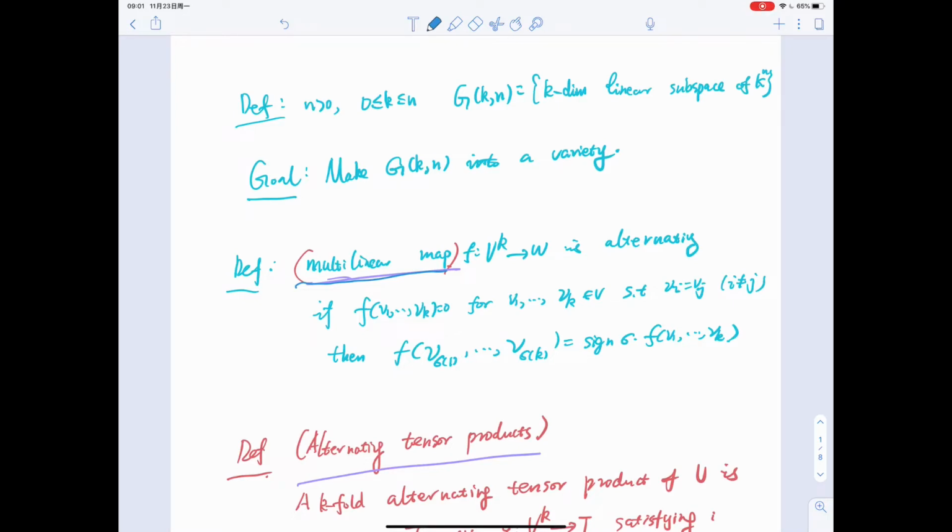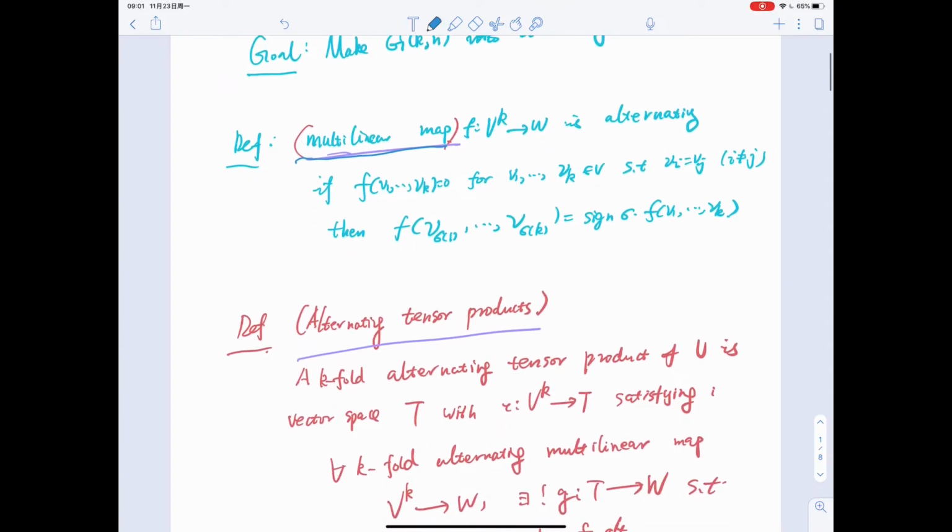Then, for any permutation sigma, we obtain that f(v_sigma(1), ..., v_sigma(k)) is the signature of sigma multiplied by f(v1, ..., vk).